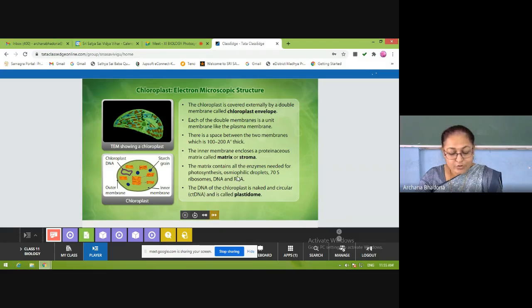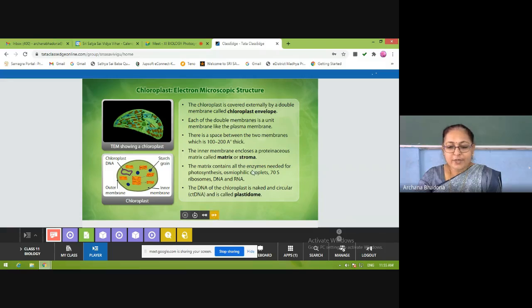Those who want to note down for revision can write it briefly under matrix: it has enzymes, 70S ribosome, DNA and RNA. The DNA of the chloroplast is naked, children, and circular, and is called plastidome.